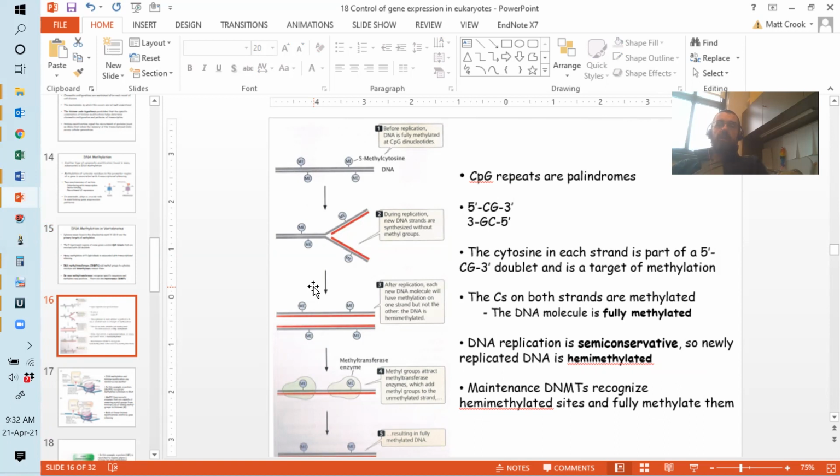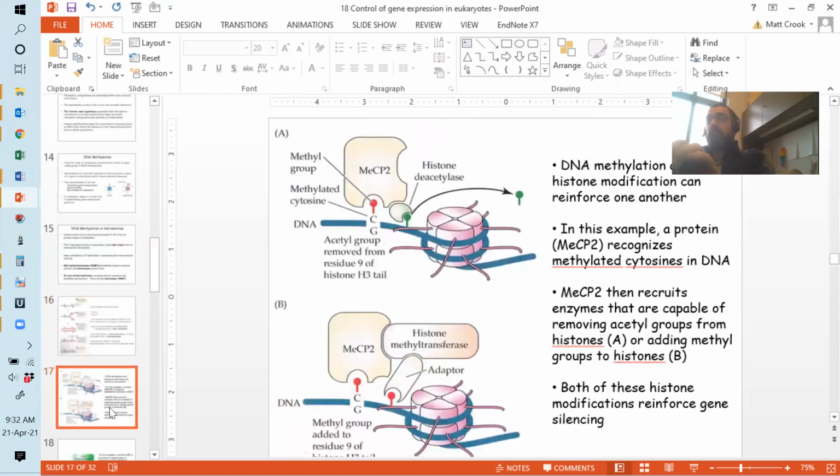So as we talked about a while back, when you make your new strand, that strand is not methylated, right? The old strand is, and so that mark is essentially used to differentiate between old and new DNA. And obviously, after a while, those DNA methyltransferases will come along and methylate those new cytosines wherever they should be methylated, right? So that issue is already gone after a while.